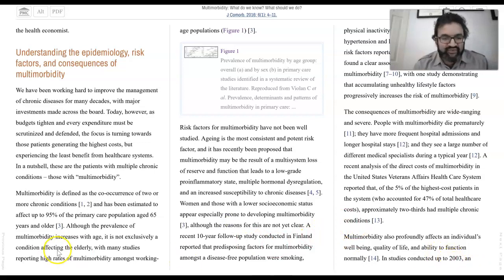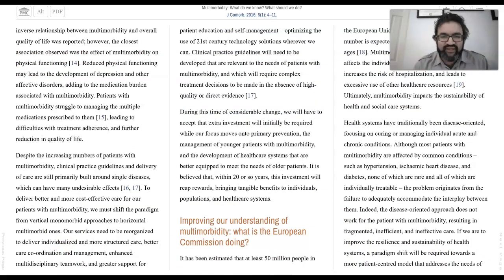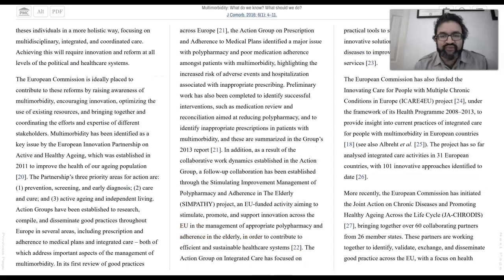This goes into a lot of different parts of the study. At least 50 million people in the European Union have multimorbidities, and this number is only going to rise.